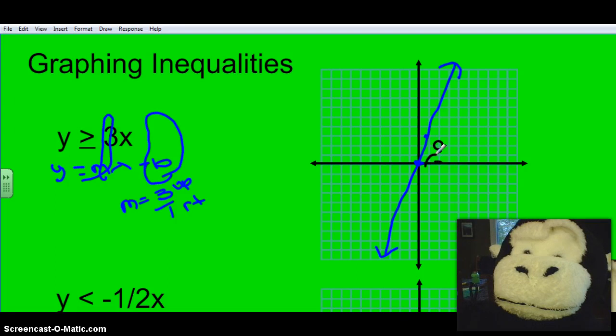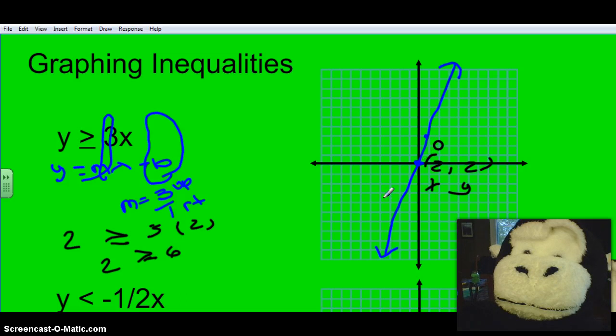So that's 2 and 2. So I'm going to plug that in, this is my x and this is my y. So I'll go over to my equation and I'll plug in 2 for y is greater than or equal to 3 times 2. So that says 2 is greater than or equal to 6.